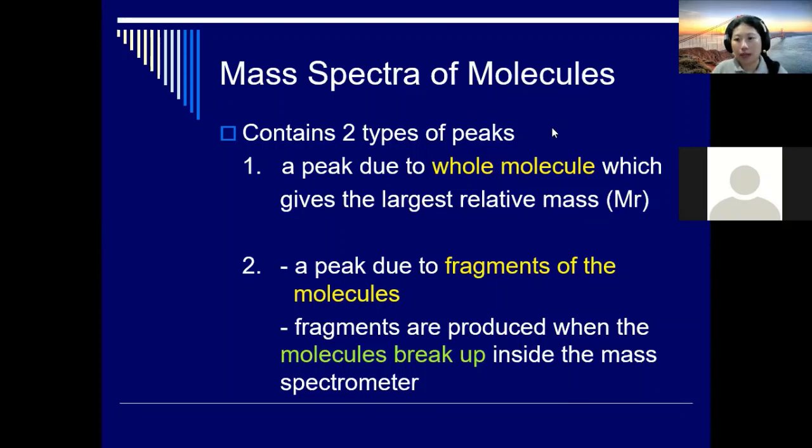Now, mass spectra of the molecule. You have to be careful, whether this is a simple covalent molecule or an organic molecule. Simple covalent molecules, you would just refer to isotopes, like HCl, HBr, NH3.